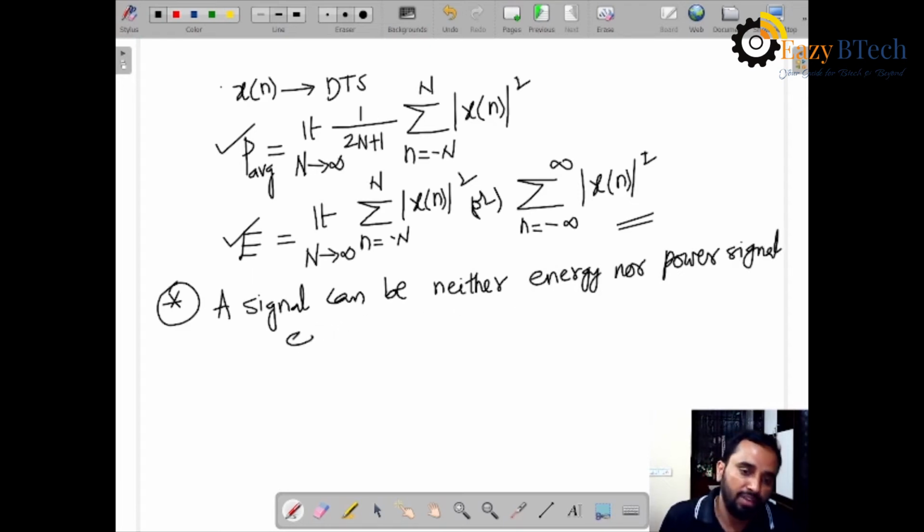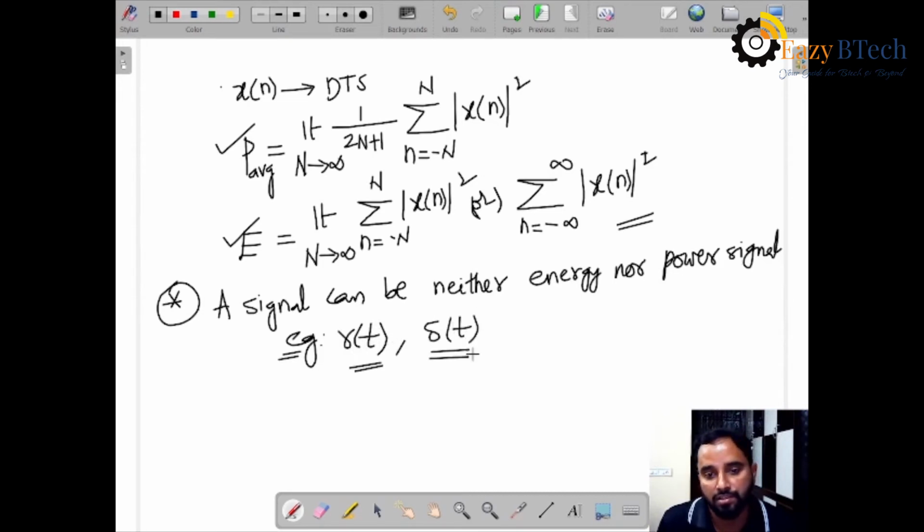The example for this case is the ramp signal. Ramp is not an energy signal, not a power signal. And the continuous time impulse function, delta of t, is also not an energy signal, not a power signal. Okay, so this is the point.